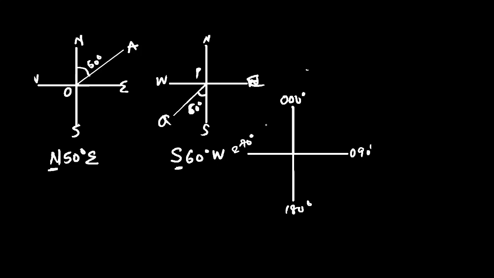All right. So if that should be the case, let me have a new page. If I give you the following compass bearings, write each of the following in 3-digit bearing notation.